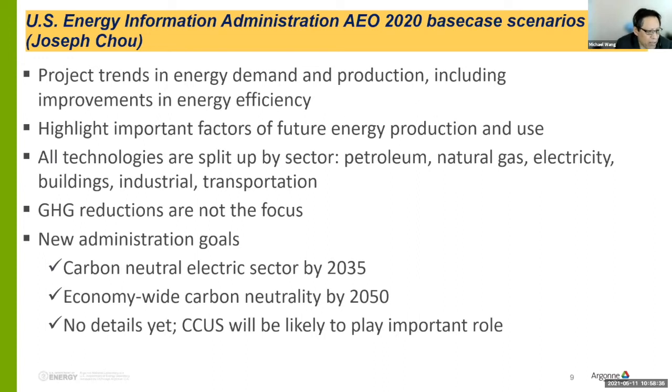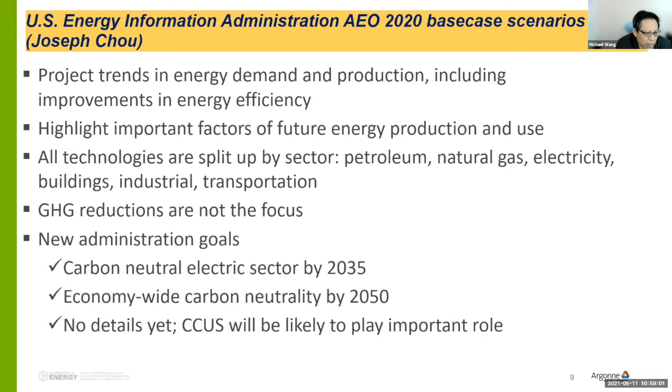It highlights important factors of future energy production and use. All technologies are split into different end-use sectors. And greenhouse gas reductions are not the focus for AEOs so far through 2020.